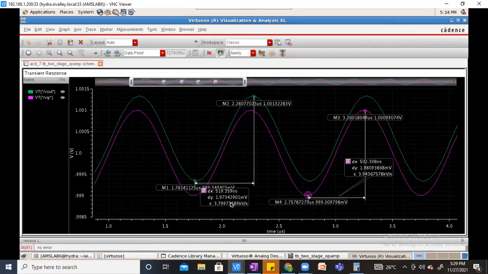Even the output is 1.97, so it's exactly matching. It is a unity gain buffer, which means the output is exactly equal to the input. I have given a swing of 1 milli peak to peak at the input, and I'm getting the same at the output. But you can see the input common mode and output common mode are different here. That's why your green and pink are not exactly on the same line. It is just shifted up.